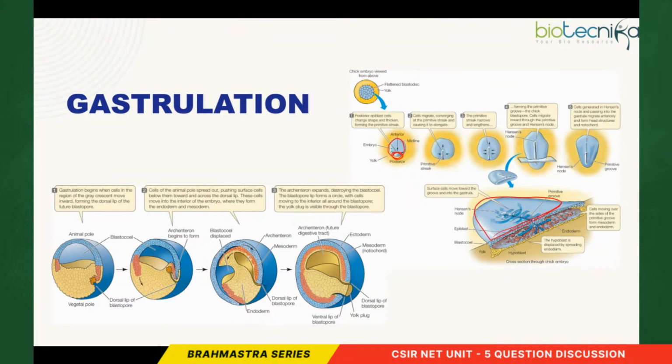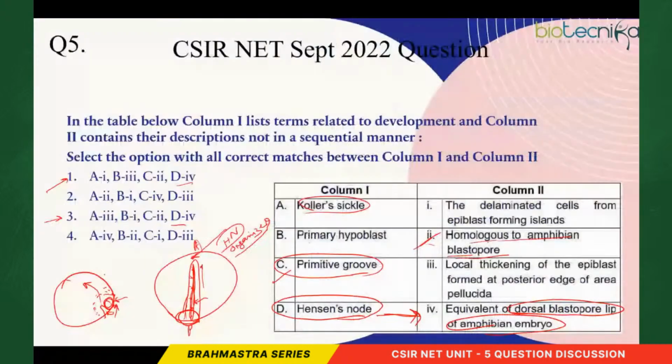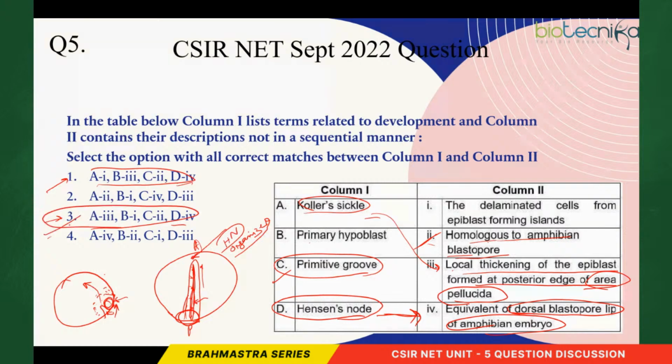The thickening of the epiblast present towards the posterior end is called Koller's sickle, and from there it would initiate. So Koller's sickle is just a local thickening of the epiblast, formed at the posterior area of the area pellucida. That's why A will be 3. So the correct answer is option 3.